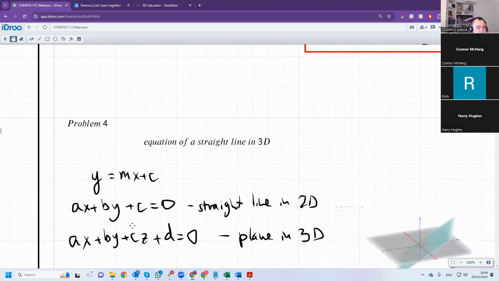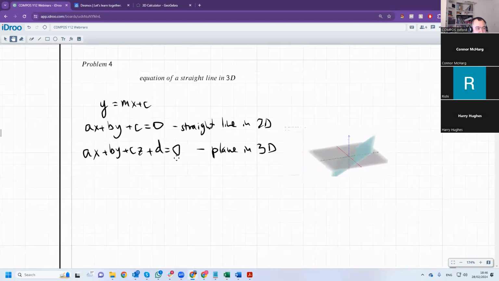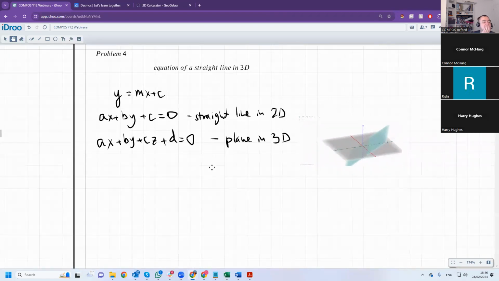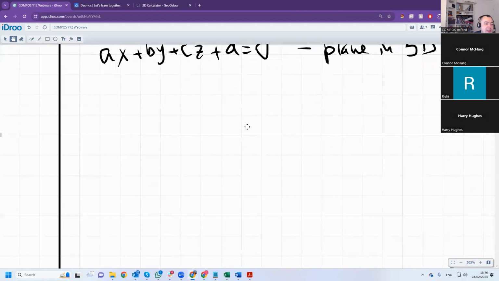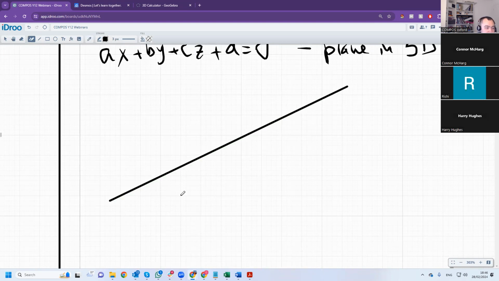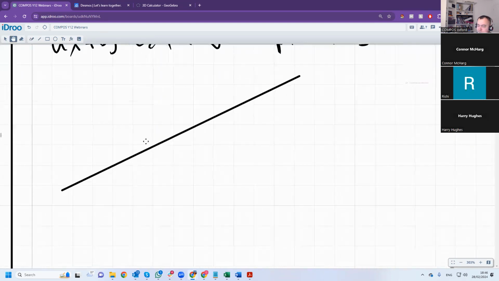Now, if you want a straight line, then you need to understand something. So how does a straight line work? Well, let's say you have a straight line and you know the position vector. Remember the position vector. Let's say this is the origin, and this is the position vector of a point on the line.